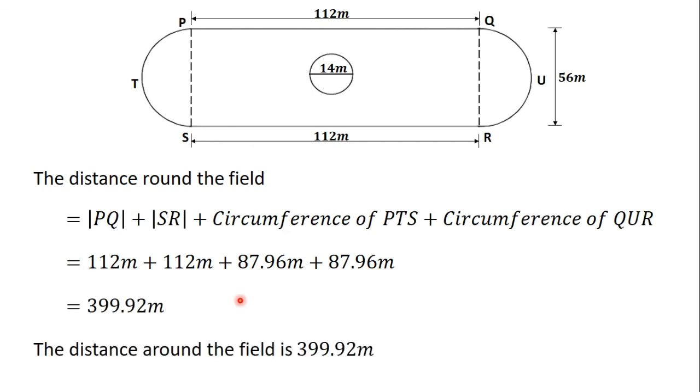You add everything here and you are going to get 399.92 meters. So the distance around the field or the perimeter of the field is 399.92 meters. The question said that we should find the area of the field excluding the pond.